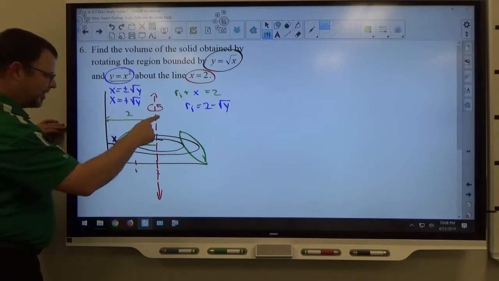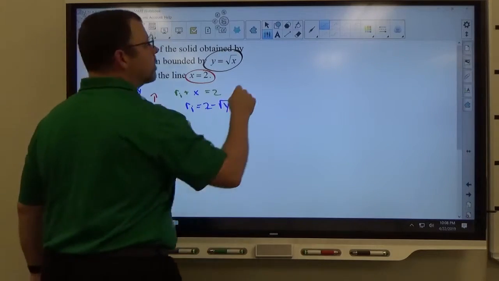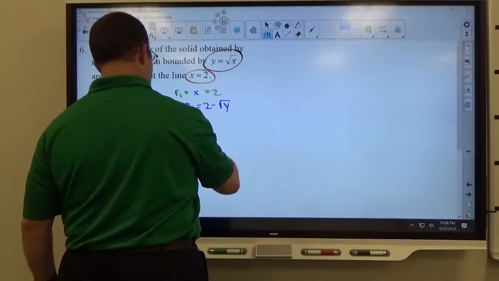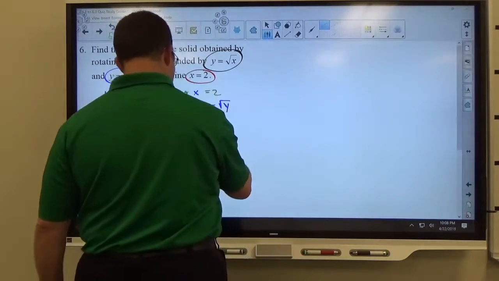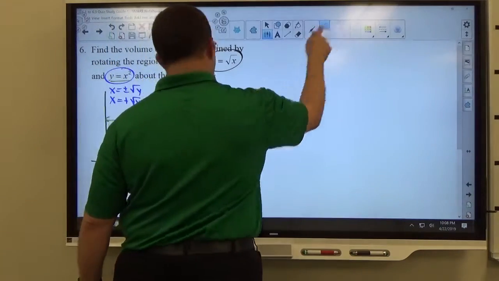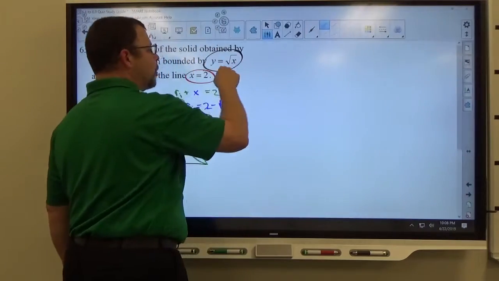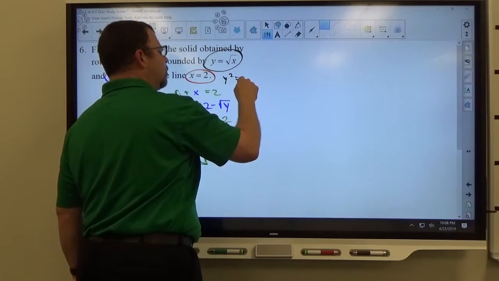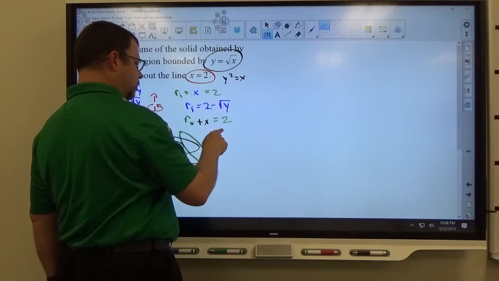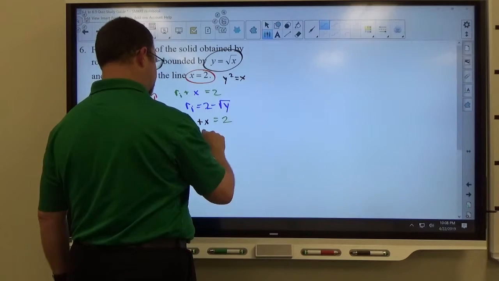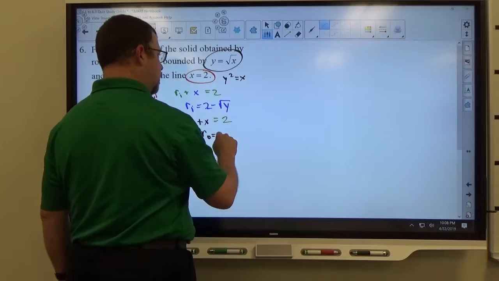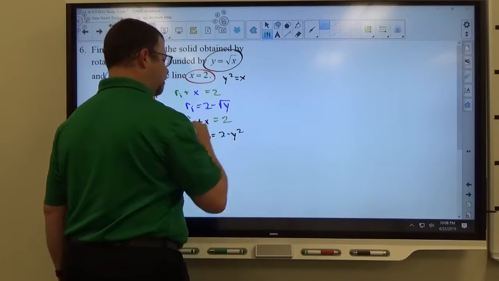And this is still 2 here. So my outer radius plus the black x should also equal 2. But if y equals the square root of x, y squared equals x. So this is y squared, so the outer radius is going to be 2 minus y squared.